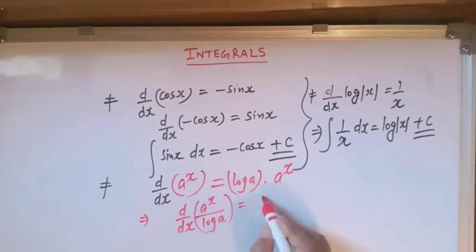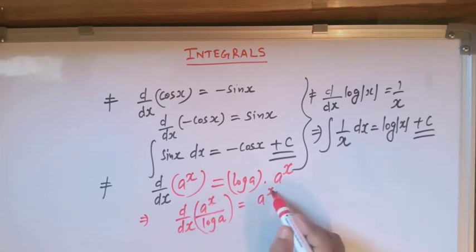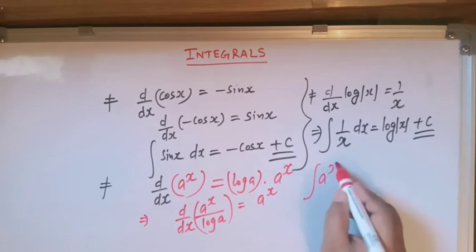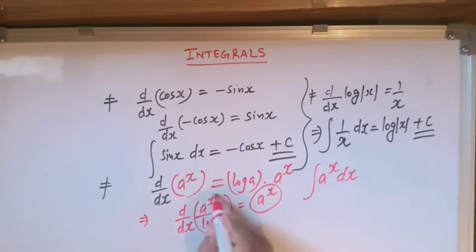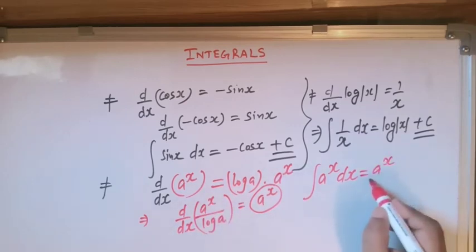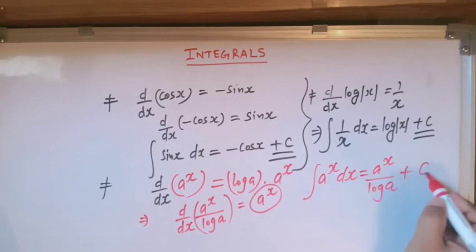So the derivative of a raised to x divided by log a is a raised to x. Therefore, by the definition of integration, the integral of a raised to x dx is equal to a raised to x divided by log of a plus c. Clear?